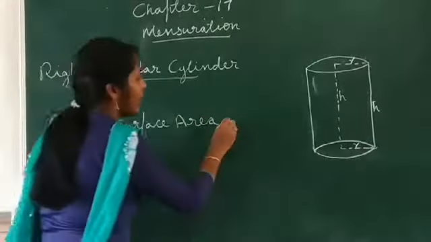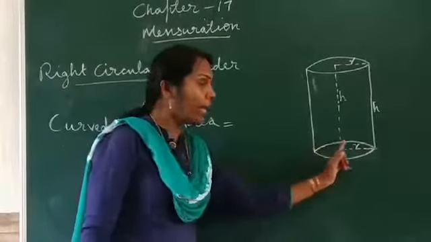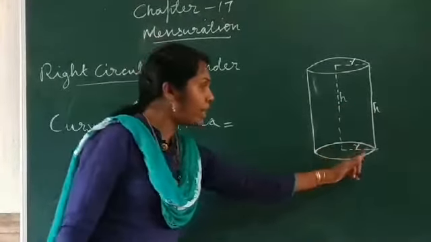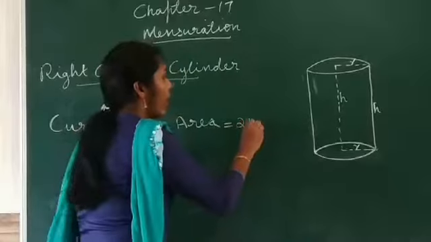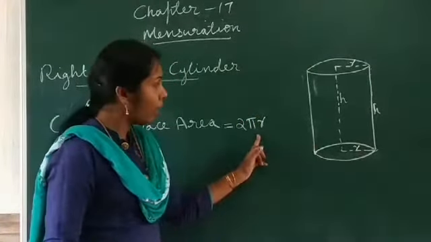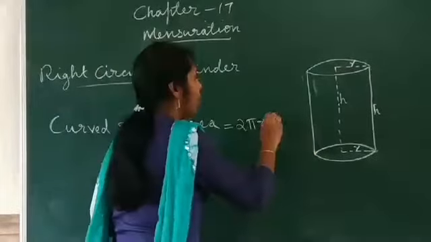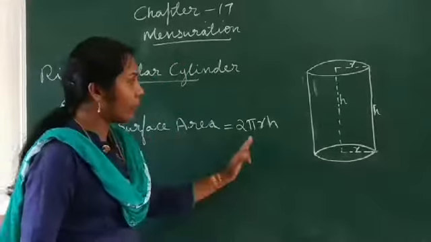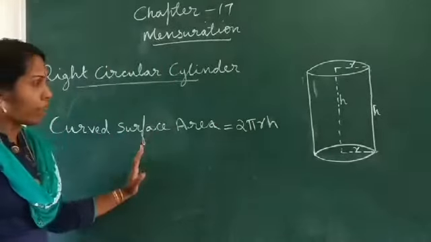The curved surface area can be obtained by multiplying the perimeter of the base with the height of the cylinder. You know that the perimeter of the circle is 2 pi r, so into height, that is 2 pi r h. That is the curved surface area of the right circular cylinder.